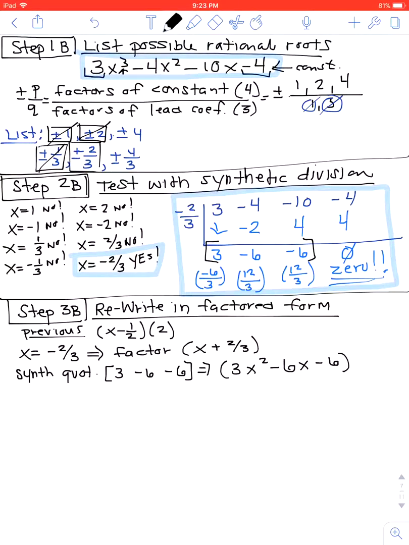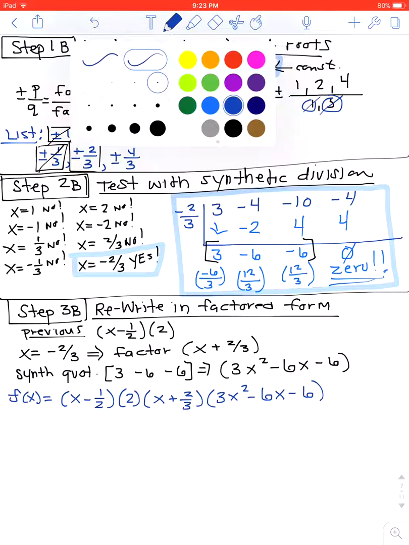So we need to put all of that together. So we have f of x equals x minus 1/2 times 2 times x plus 2/3 times 3x squared minus 6x minus 6.